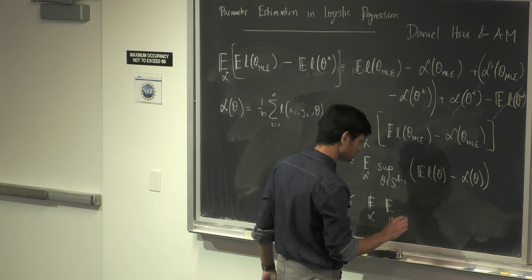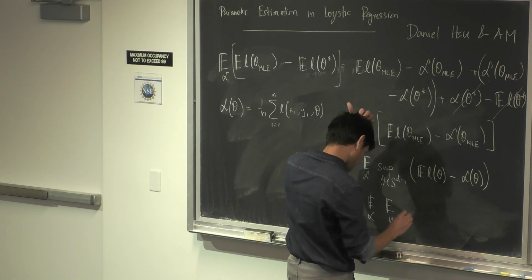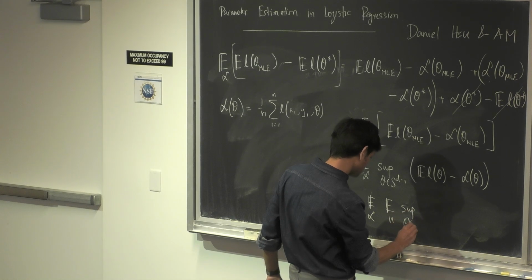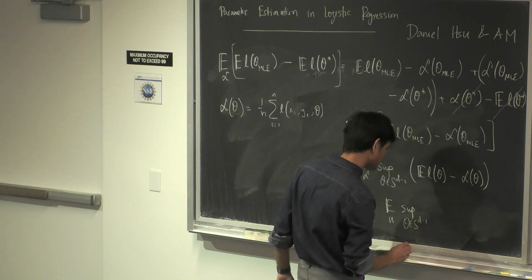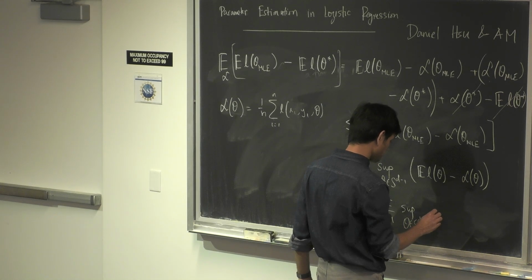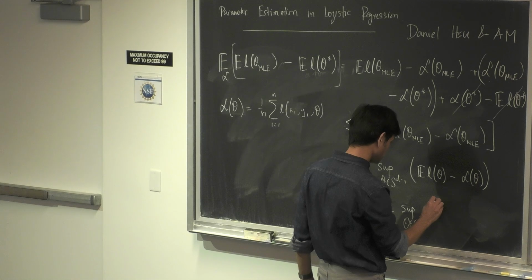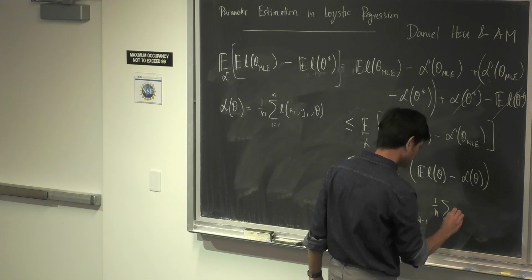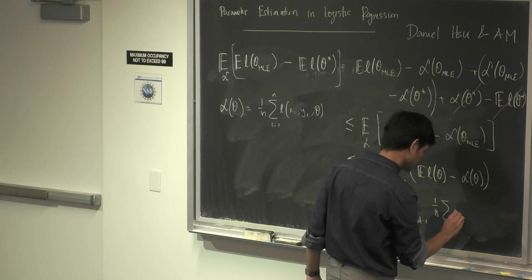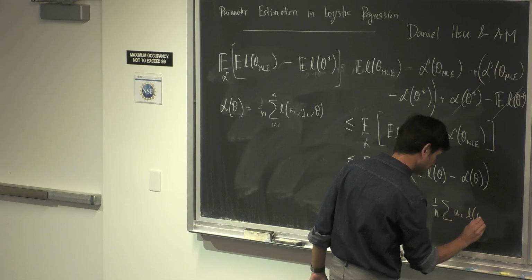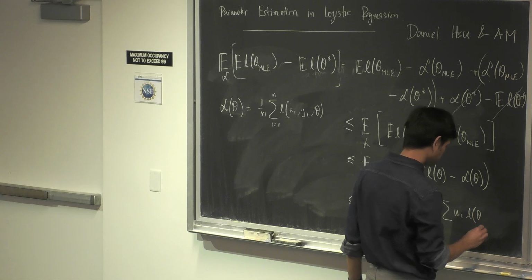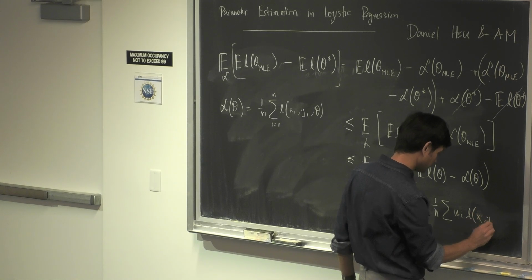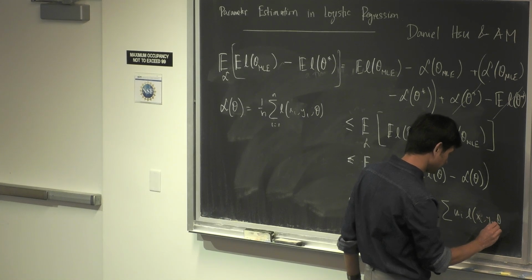The supremum will stay as a supremum over theta that belongs to S^{d-1}. But this is just going to become 1 over n, sum over ui times L theta, right? So this is actually L of xi, yi, theta.